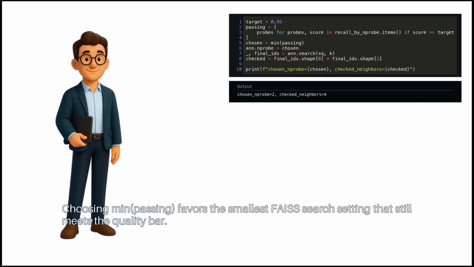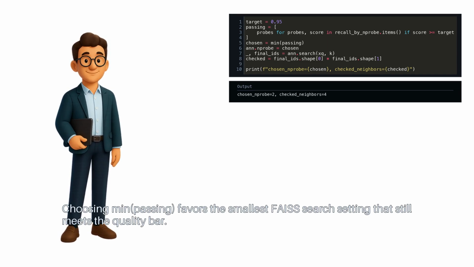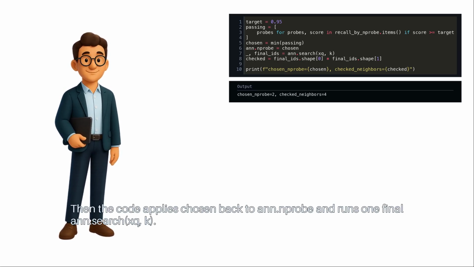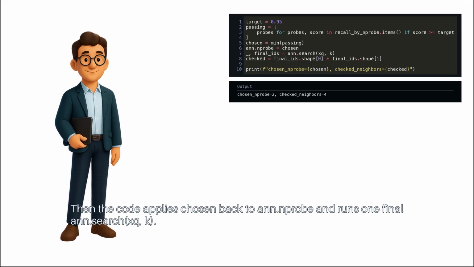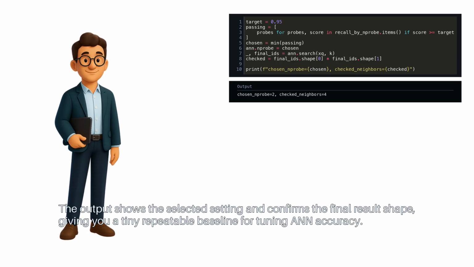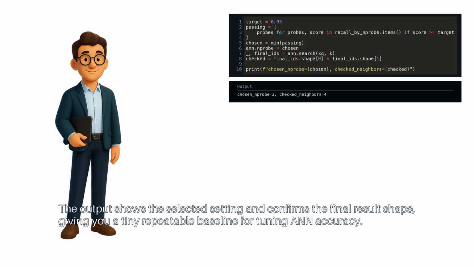Choosing min(passing) favors the smallest FAISS search setting that still meets the quality bar. Then, the code applies chosen back to ANN.nprobe and runs one final ANN.search(XQ, K). The output shows the selected setting and confirms the final result shape, giving you a tiny repeatable baseline for tuning ANN accuracy.